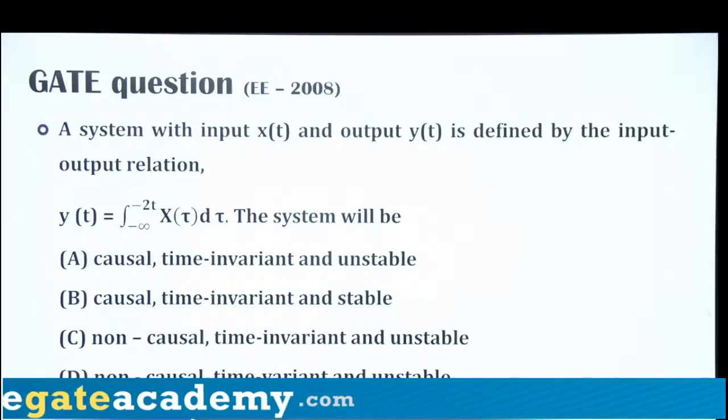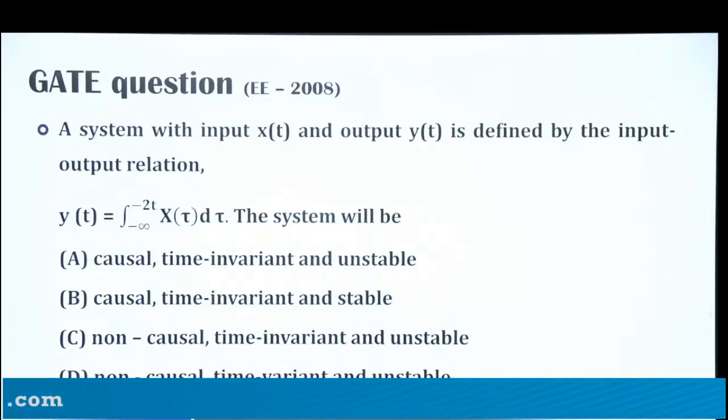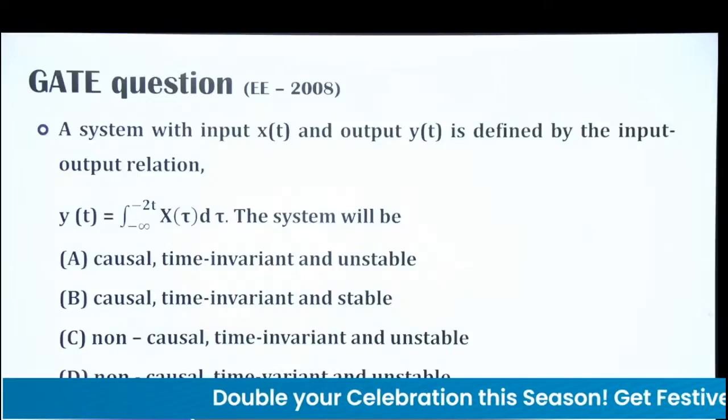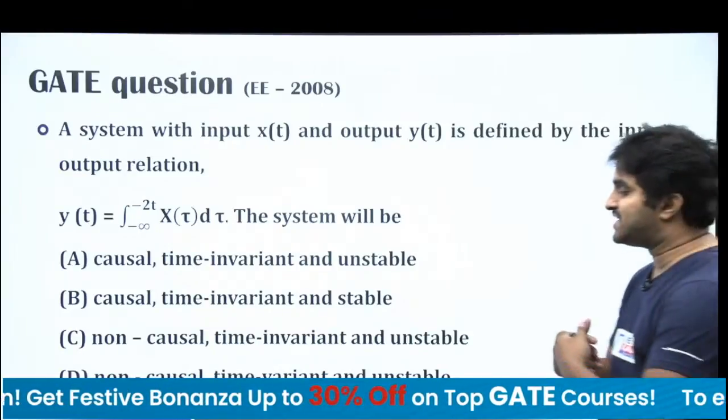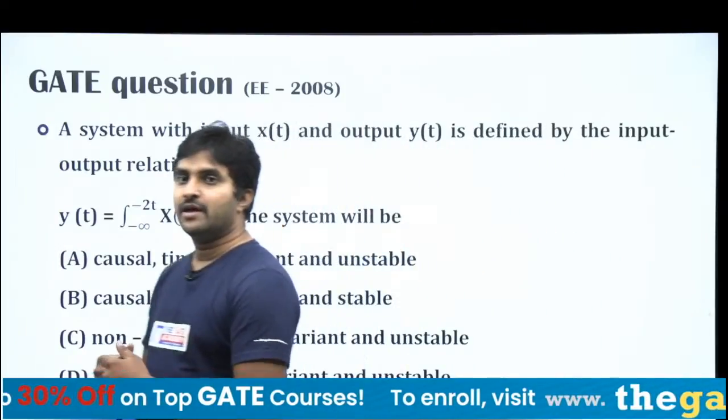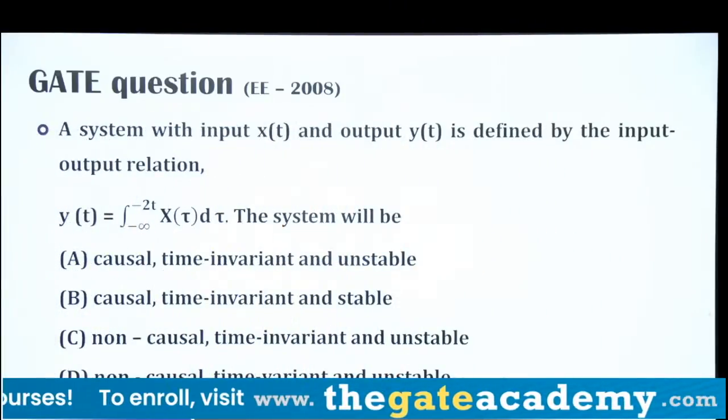Now this system is what? Causal, time invariant, unstable. Causal, time invariant, stable. Non-causal, time invariant, unstable. Non-causal, time variant, unstable. Can you please tell me what this is?